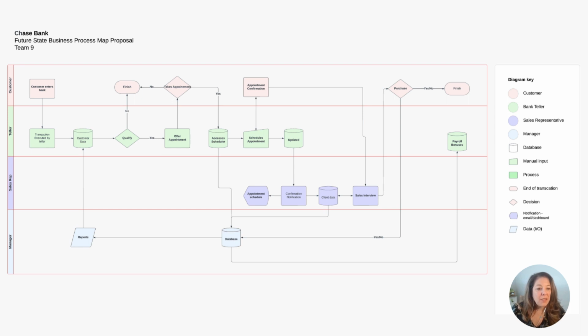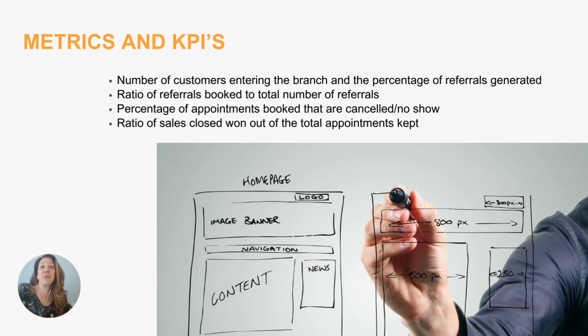Then it flows through to the sales meeting or interview, and whether or not the customer purchases whatever the sales representative is offering them, and how all of that information ultimately gets stored in that very same database. And you can create a dashboard to then evaluate the metrics and make better decisions, to see how this process is working. The next deliverable is the KPIs and wireframes.